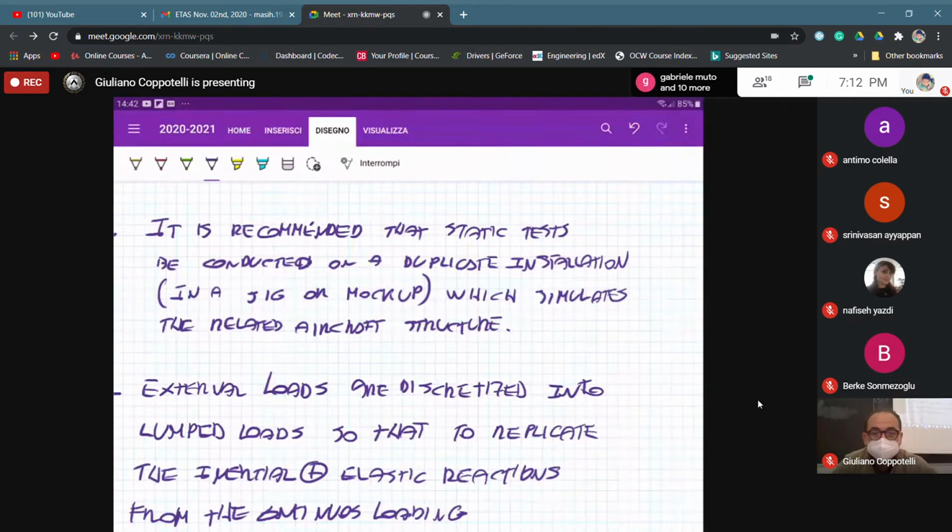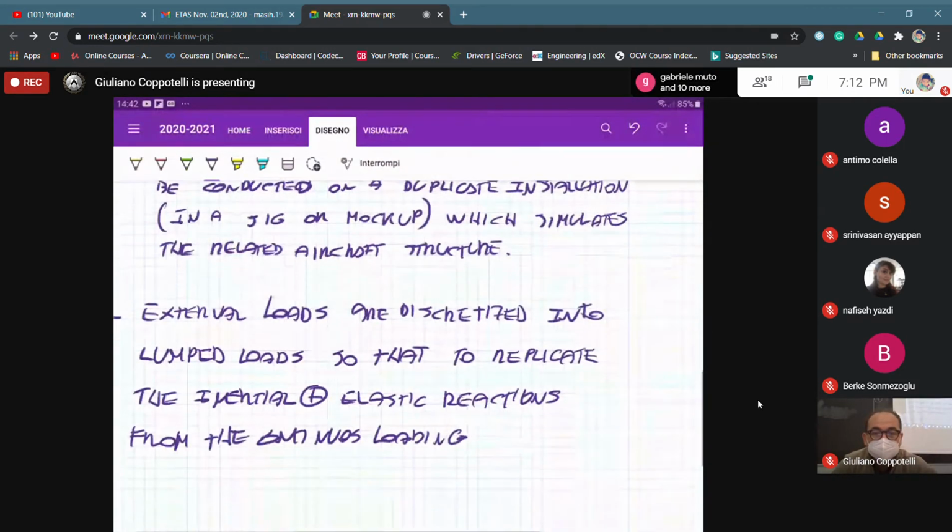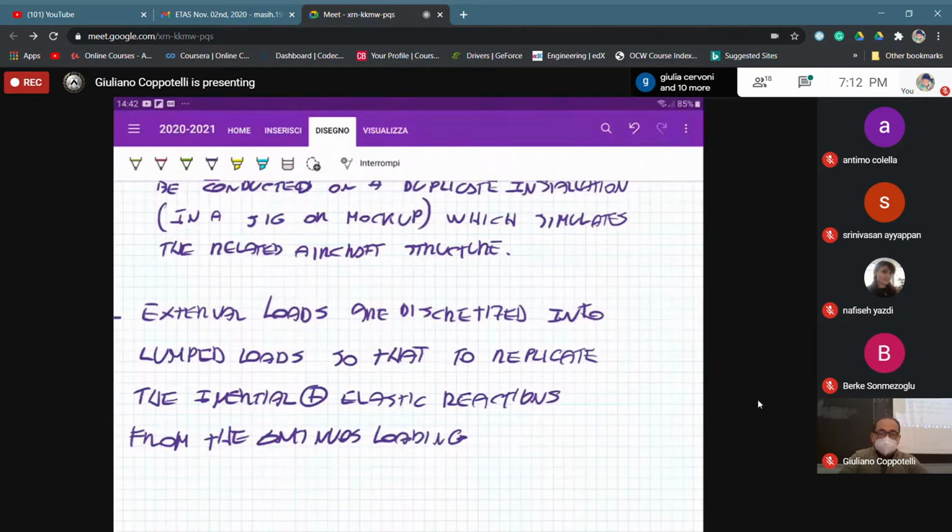Okay, now how can we transform, how can we discretize such external continuous loading into lump loads? Generally, there is a sort of iterative process that we have to follow.